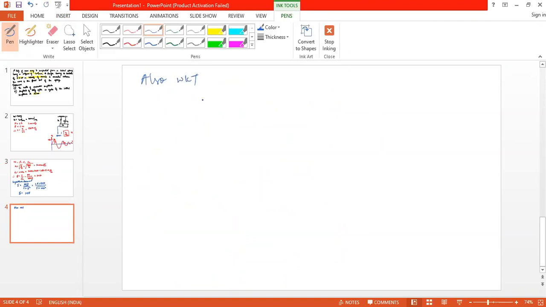Also, we know that delta is equal to ln of xn by xn plus 1. Or say delta is equal to ln of x1 by x2, that is equal to ln of x2 by x3, that is equal to ln of x3 by x4 and so on.